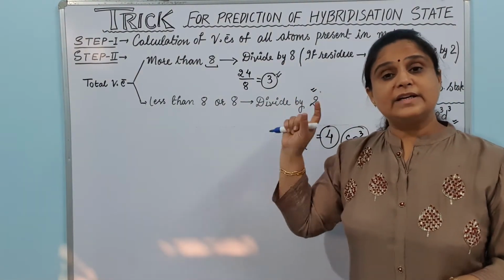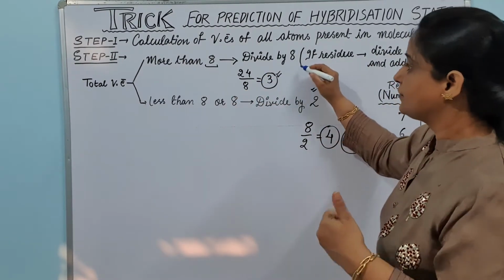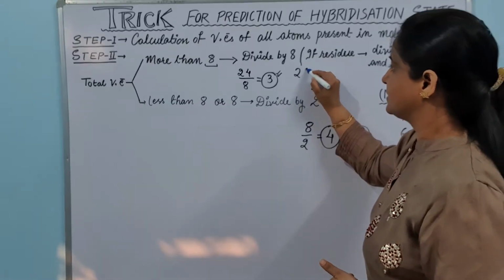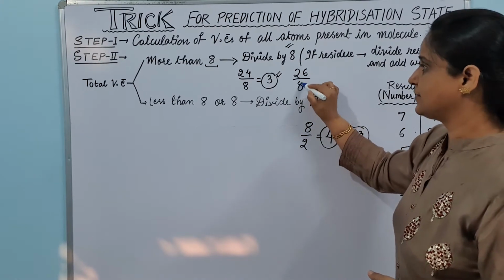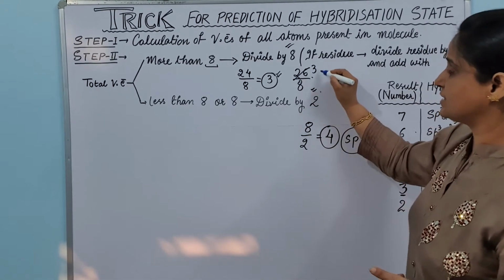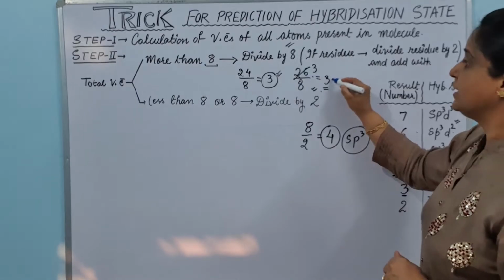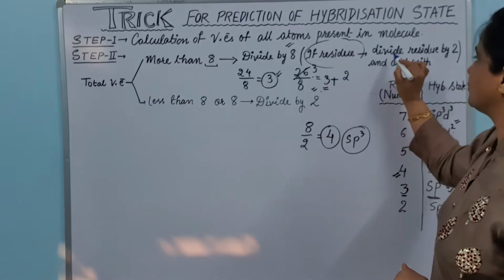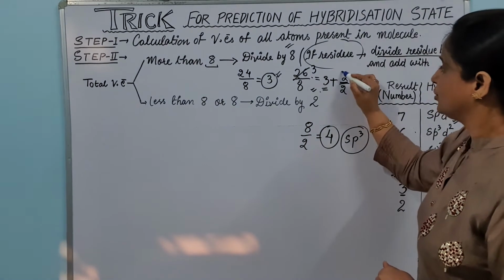But if you get a residue after this division, for example, if the total number of electrons is 26, then I will first divide it by 8. I get 3, and the left out is 2. So I have divided 3 completely, and what is left out is 2, and the residue I have to divide by 2.